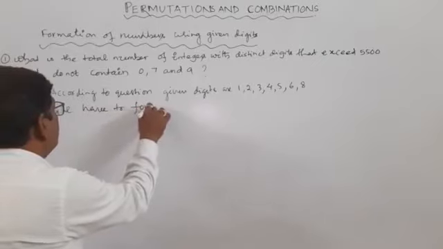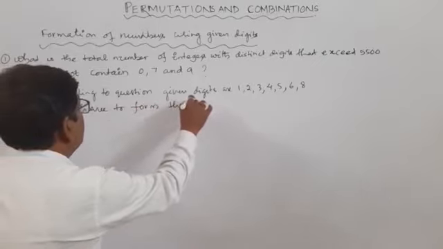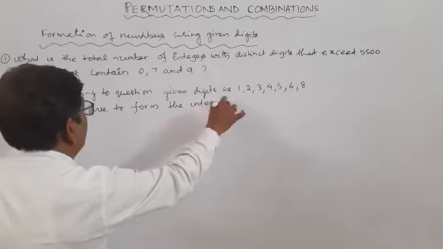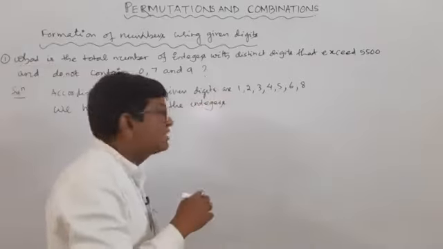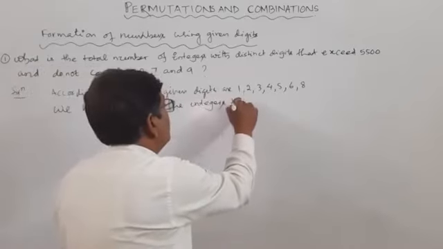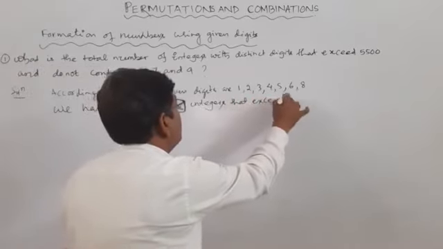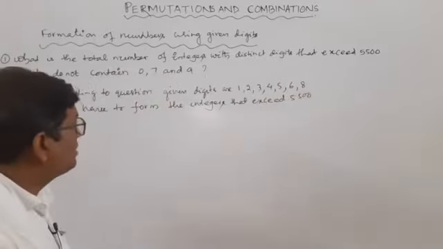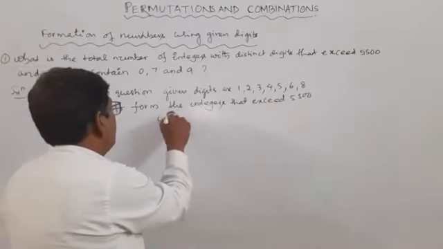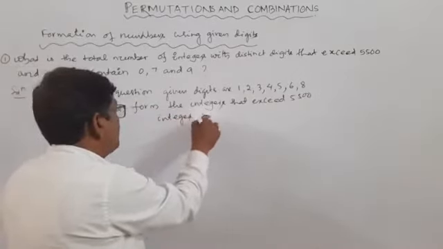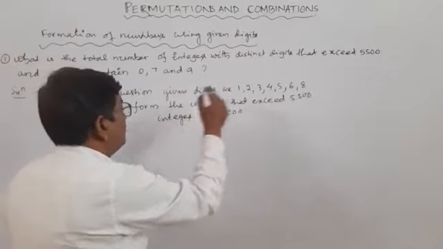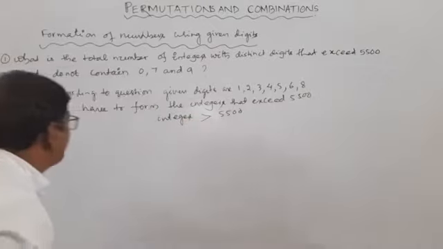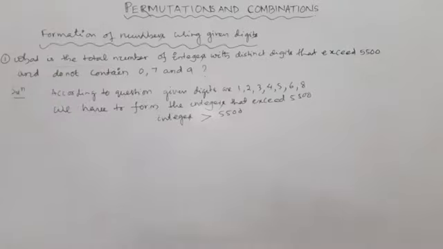The integers that exceed 5500, means integers greater than 5500. Very interesting question. The integers greater than 5500 may be of how many digits?